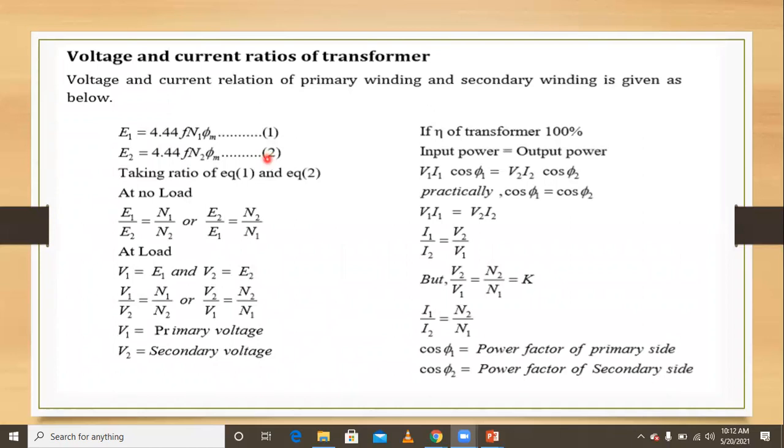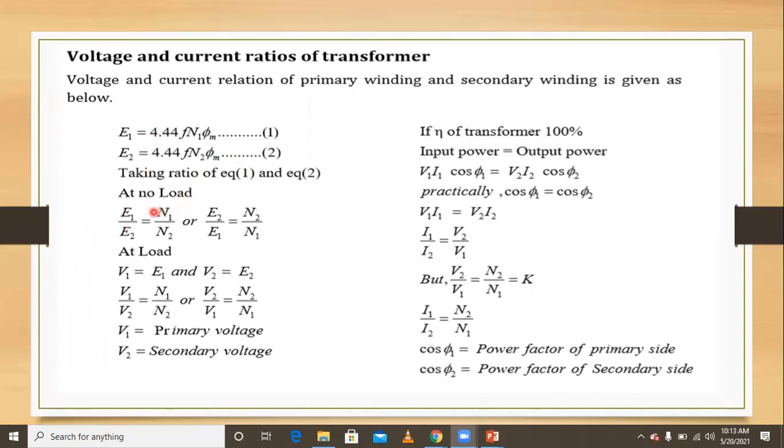Voltage and current ratios of the transformer. The voltage and current ratio of primary and secondary windings is given in this manner. You know the induced EMF in the primary winding is E1 equal to 4.44 into f into N1 into phi m. Similarly, E2 is equal to 4.44 into f into N2 into phi m. Taking the ratio of these two, you will get E1 by E2 is equal to N1 by N2.